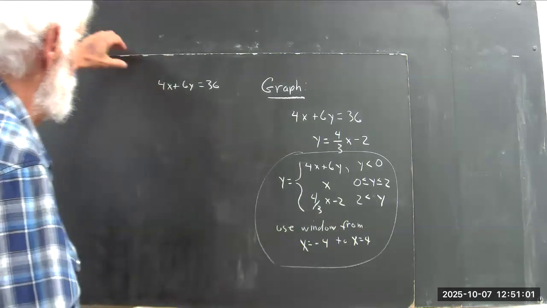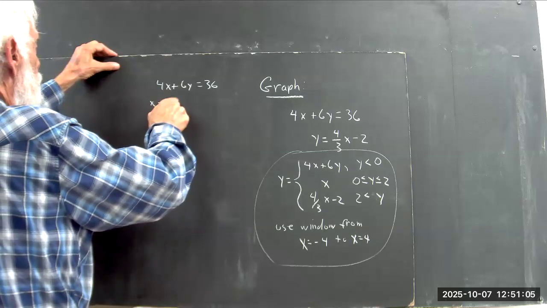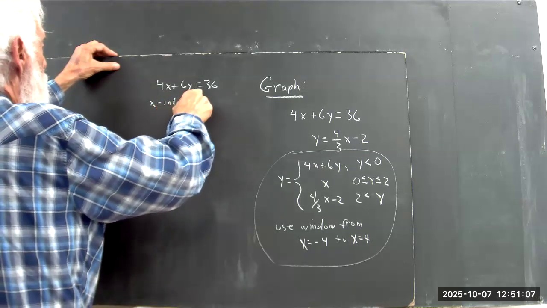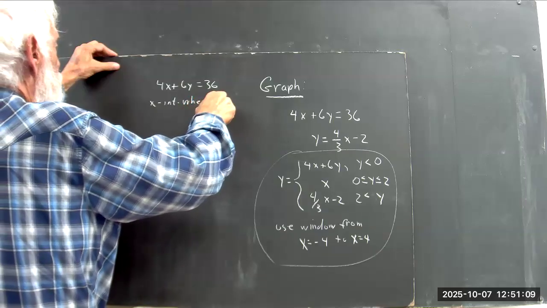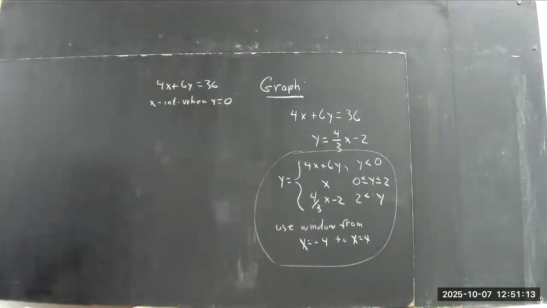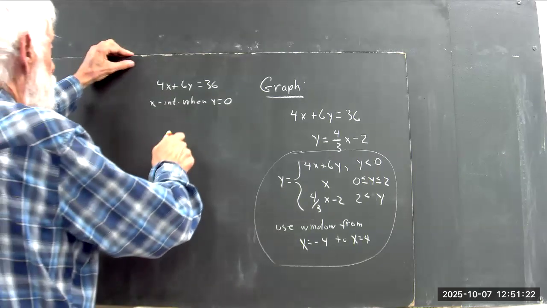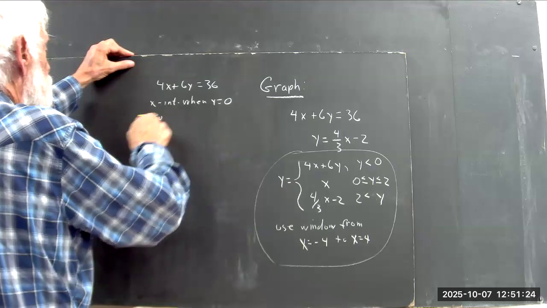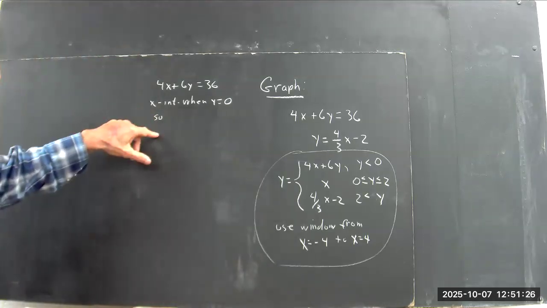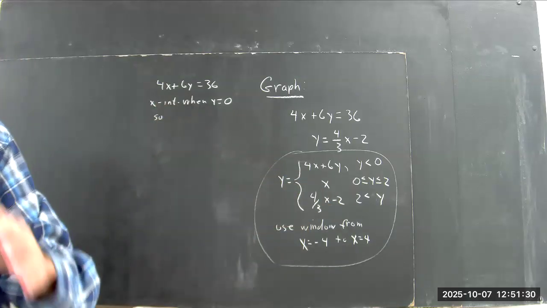What we do here is we write this statement down: x-intercept when y equals 0. It takes about 8 seconds to write it down and reinforces the first thing you do. The "so" is optional. I think it's a good idea because you understand the flow of the ideas and the concepts.